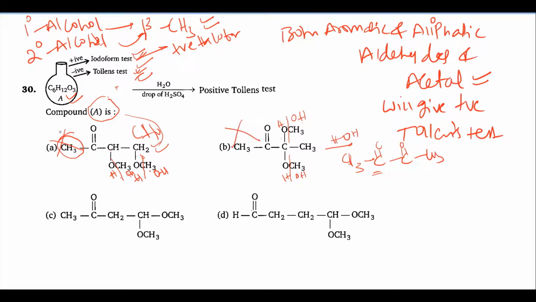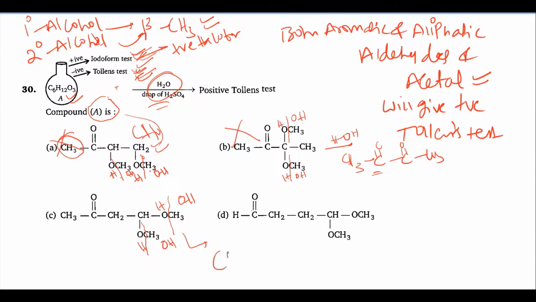That means A should give a positive iodoform test as well as a positive Tollens test. So now coming to option C. This is treated with water. H is added, OH is added, that means a drop of H2SO4 and water you are adding. Here also the bond is breaking. H is added here, OH is added here.